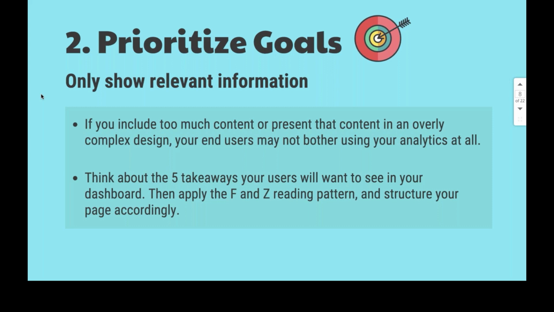And once you have prioritized those goals and thought about the key takeaways, you can think about the 5 key takeaways that your users want to see in your dashboard, and then apply the F and Z reading pattern when structuring your dashboard. So the F and Z patterns create visual hierarchy in designs. Basically, it's as the letters suggest.